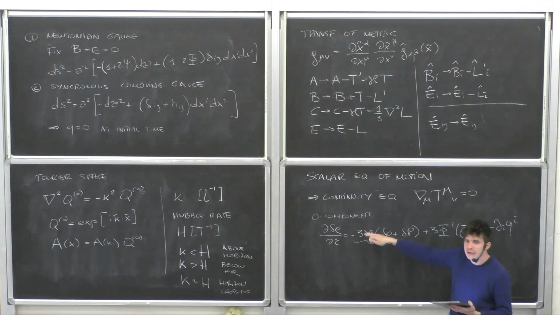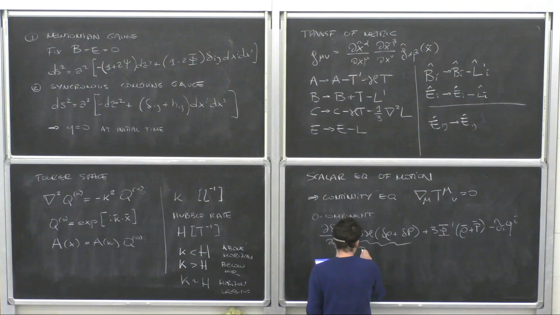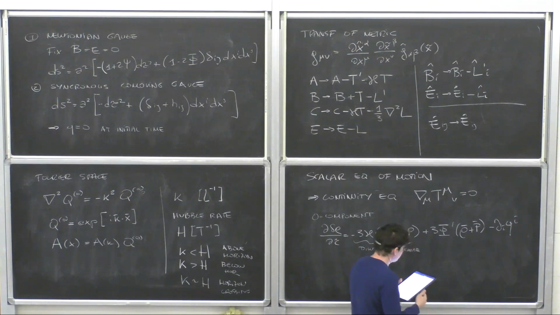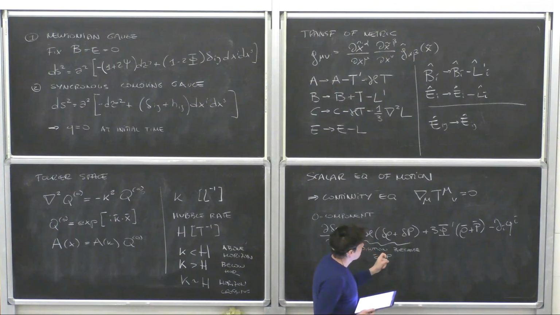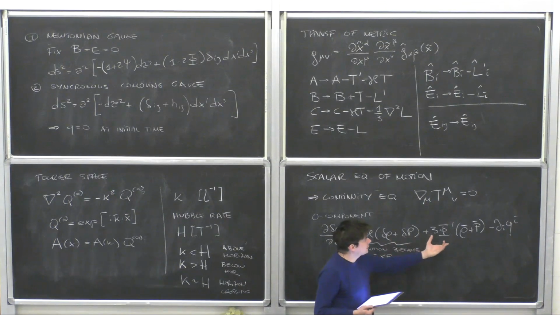This is dilution because of expansion, and this looks like the background part. But with respect to the background continuity equation, we have two extra terms.